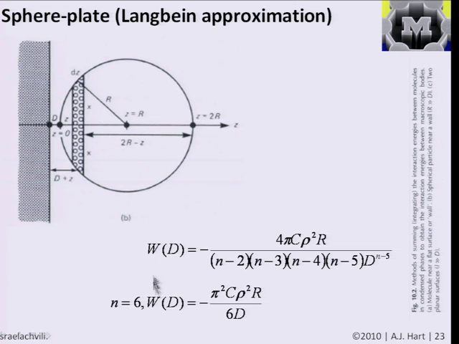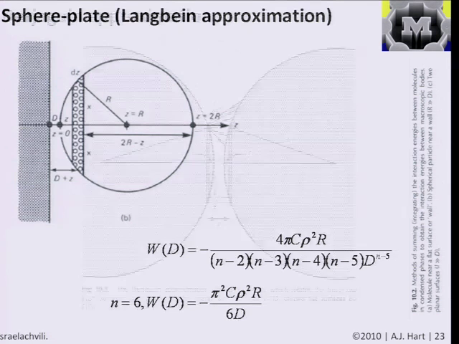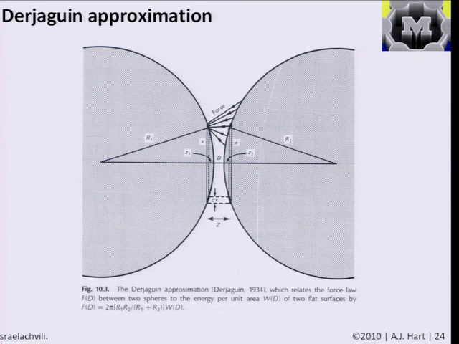Then for n equals 6 for van der Waals, we have rho squared again, but now we have the radius of the body in the numerator and the separation D to the first power in the denominator. Israelachvili takes you through this in more detail, but basically what I want you to end up with is knowledge of how these geometric relations are derived, and the ability to apply them to a bunch of different geometries.